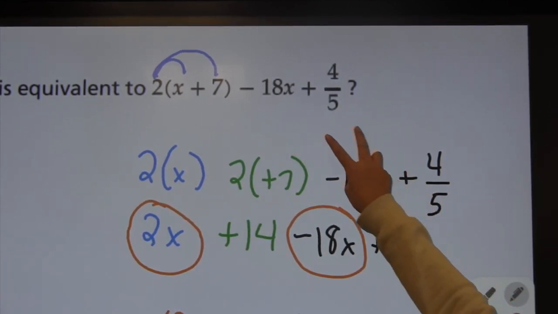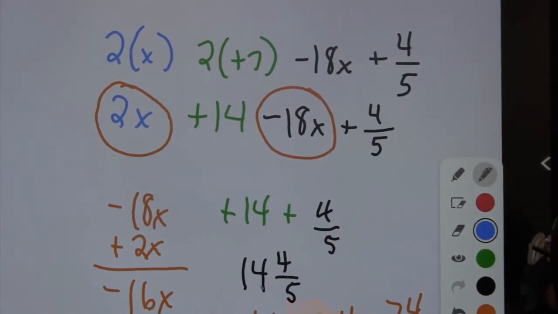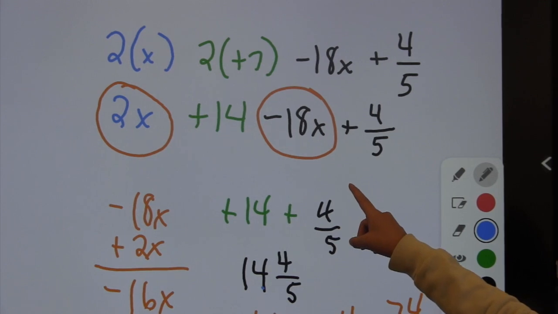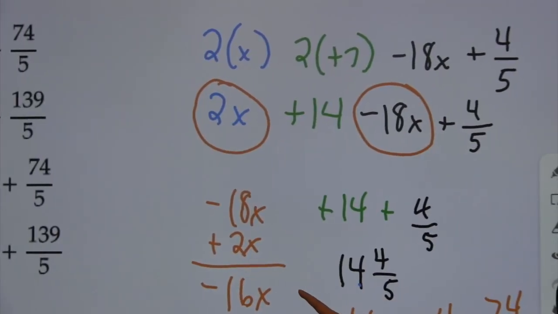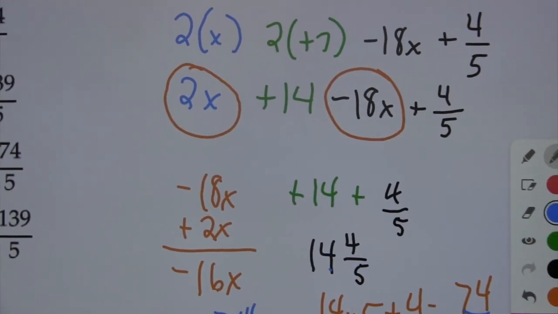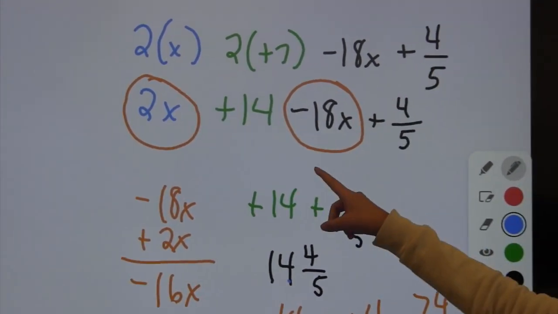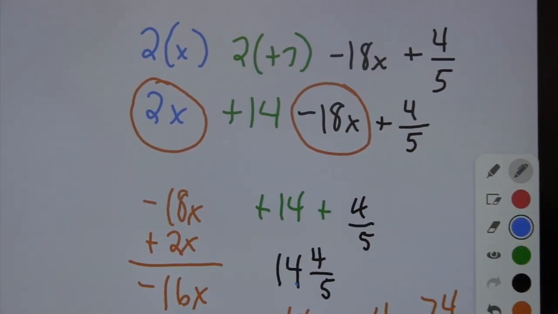Then we bring this down, and so then we take 2x and negative 18x, and we combine them together, and negative 18x plus 2x is negative 16x. Then we take positive 14 and positive 4/5, and we combine them together, and that equals 14 and 4/5.